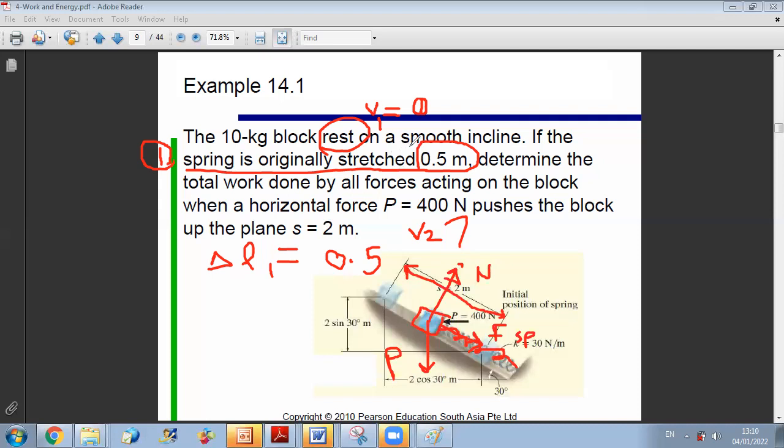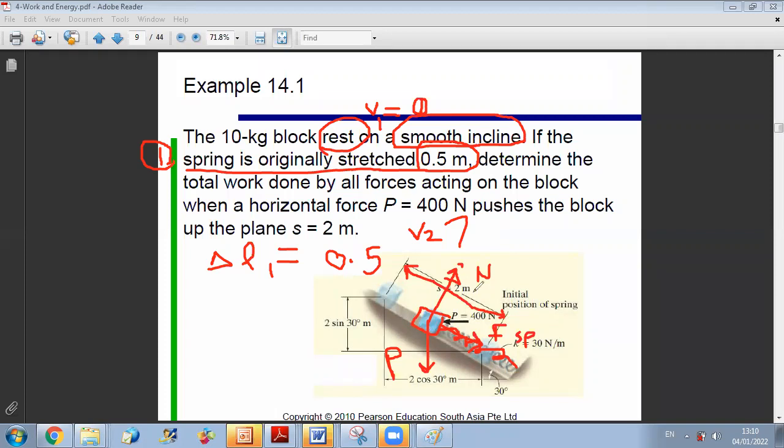Here they said we have a smooth incline, okay? So no friction. If they told us that we have a rough surface, then we should take into consideration the friction force, okay? So now once we determine the forces acting on the block, we can calculate their work.